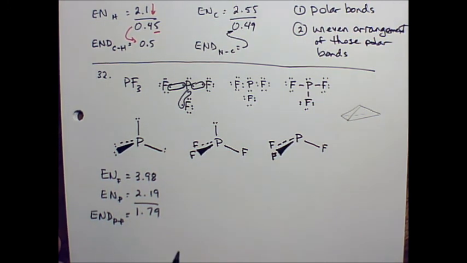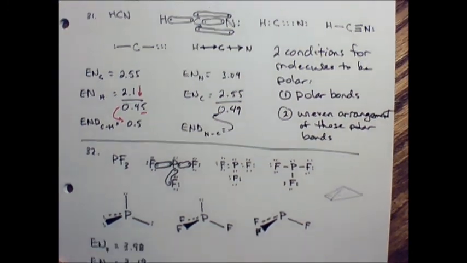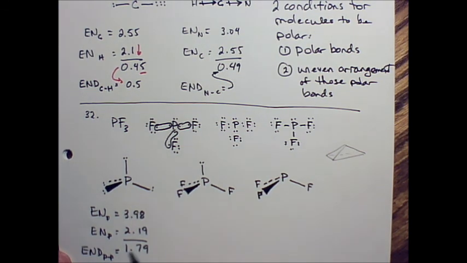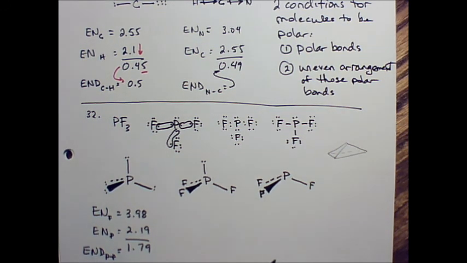Say what now? You have to have two of those to be polar? You have to have both conditions, polar bonds and an uneven arrangement. This is an uneven arrangement, but based on what you know so far, you would say, well, that's just ionic. We're not even going to call that polar. And in fact, it's probably somewhere between ionic and polar, because, again, there are factors beyond what we study in this class that we don't consider here.